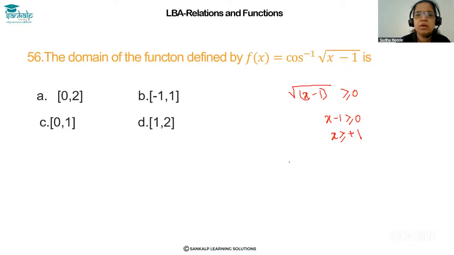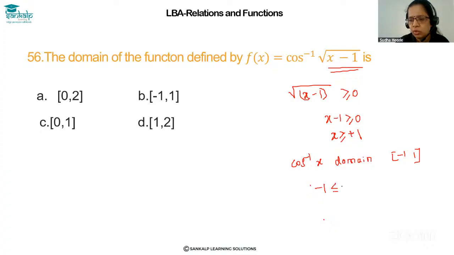Now, you know the domain of cos inverse x is the closed interval -1 to 1. Therefore, here instead of x you have square root of x minus 1, so you can write -1 less than or equal to square root of x minus 1 less than or equal to 1.